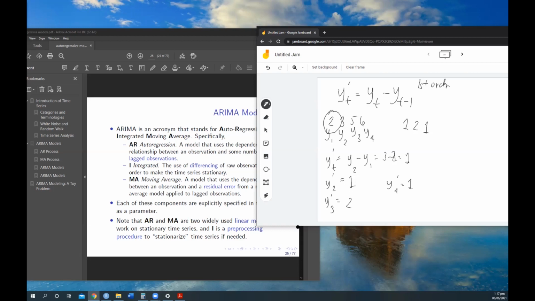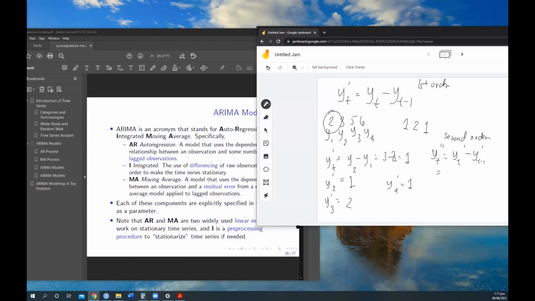Now we can also do second order differencing. After we do the first order, we compute again the differencing, not using the original, but the values from the first order. The formula for second order is y t prime prime equals yt prime minus y t minus 1 prime.